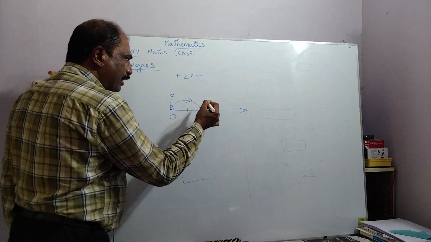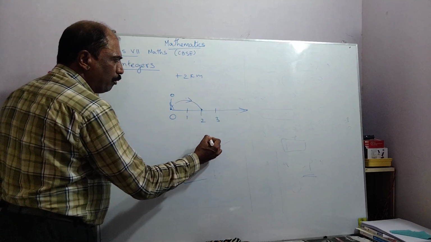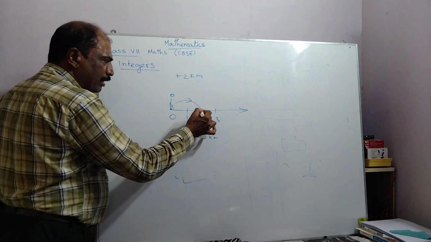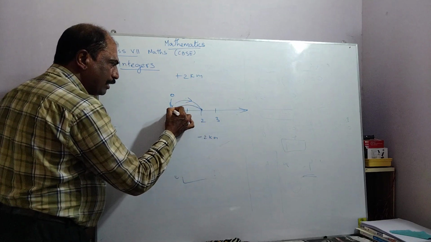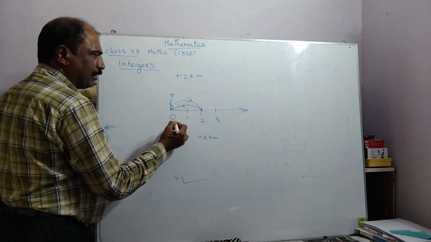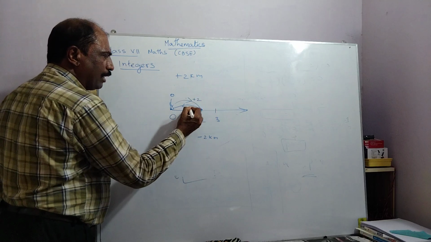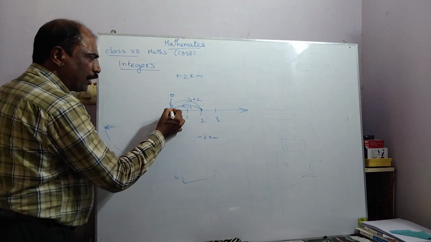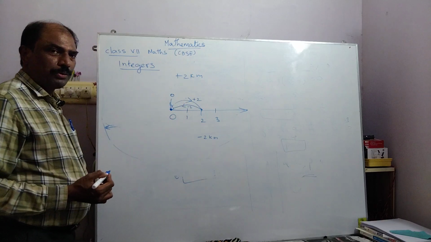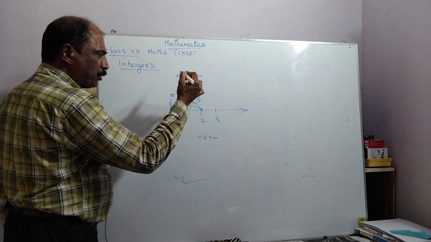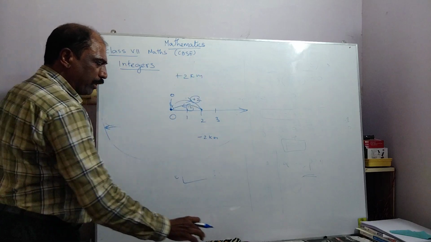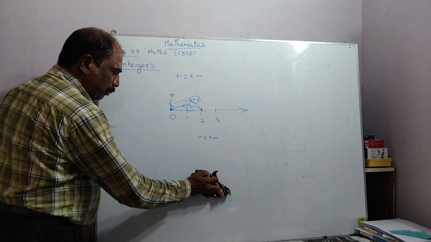Now from here he moves 2 kilometers to the left, in the opposite direction. So this is plus 2 and this is minus 2, and he reaches the same starting position, that is 0. That means plus 2 and minus 2 performed together make 0.